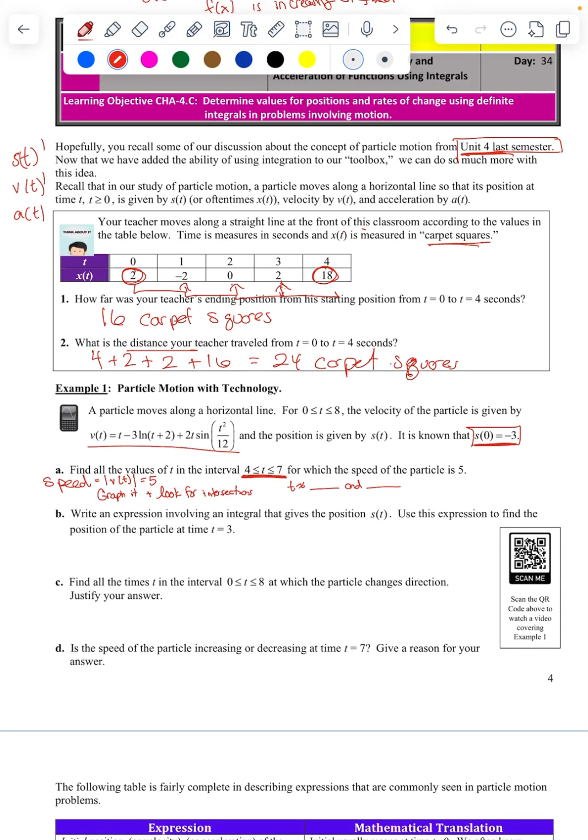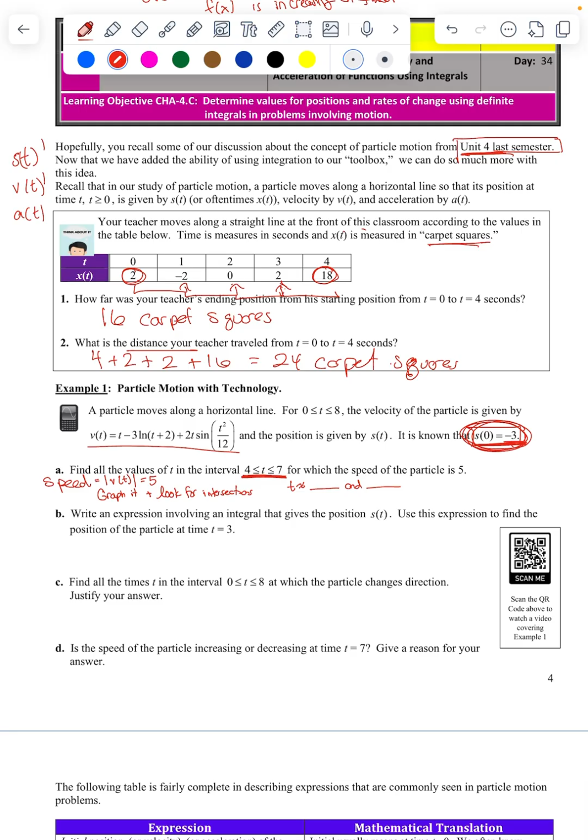Next up, we want to write an expression involving an integral that gives the position function. So this is where this is important, okay? We know that when t equals 0, the particle started at a position of -3. So we have to include that.